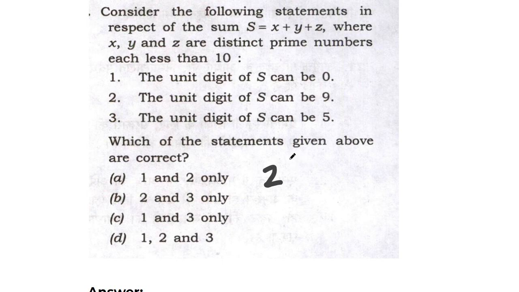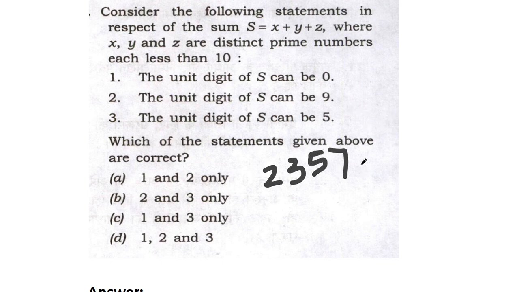Similarly 3. 4 we cannot take because 4 is divisible by 2. The next one is 5. 6 is also divisible by 3 and 2, so we will not take that. The next number is 7. 8 is divisible by 2 and 4, and 9 is divisible by 3. So the prime numbers less than 10 are these 4 numbers.